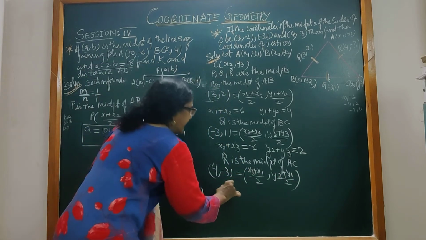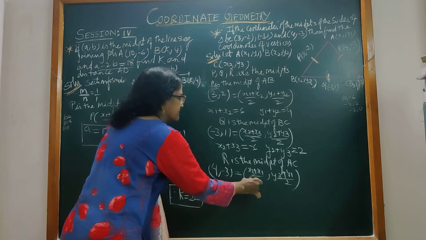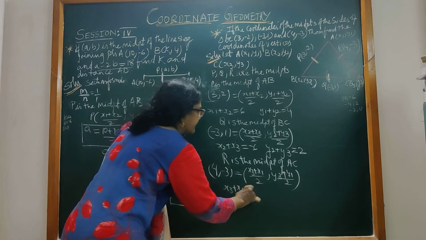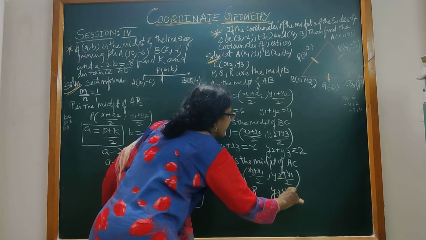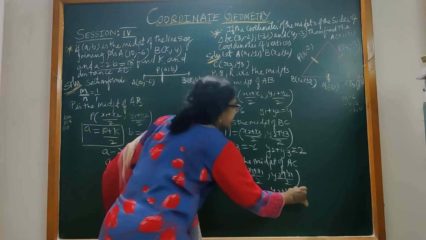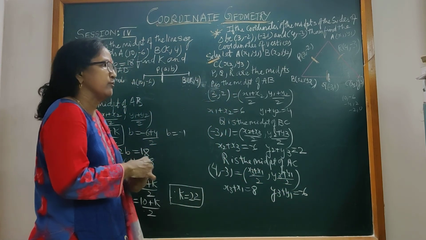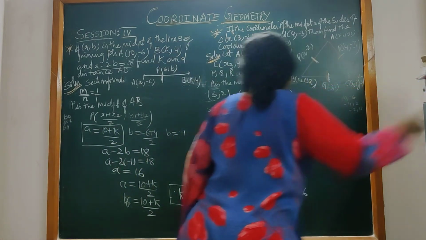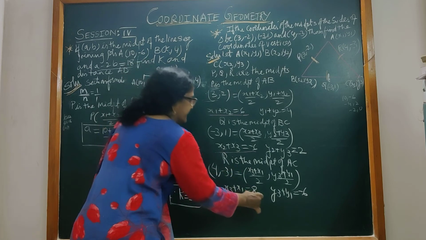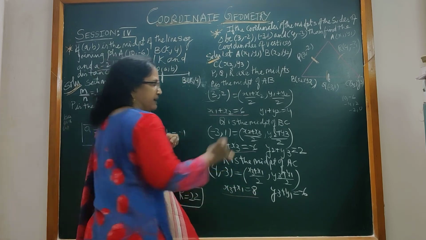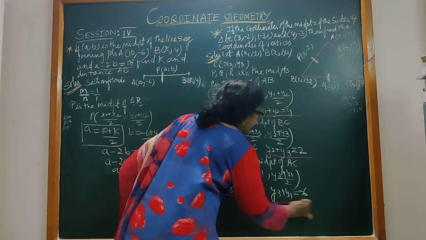So you will get x3 plus x1 is equal to 8 and y3 plus y1 is equal to -6. So here we have these equations which I am underlining: x1 plus x2, x2 plus x3, x3 plus x1, y1 plus y2, y2 plus y3 and y3 plus y1.